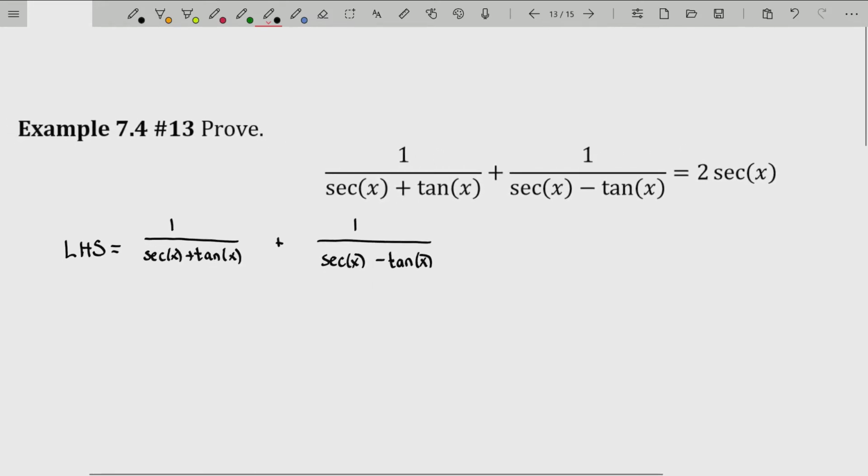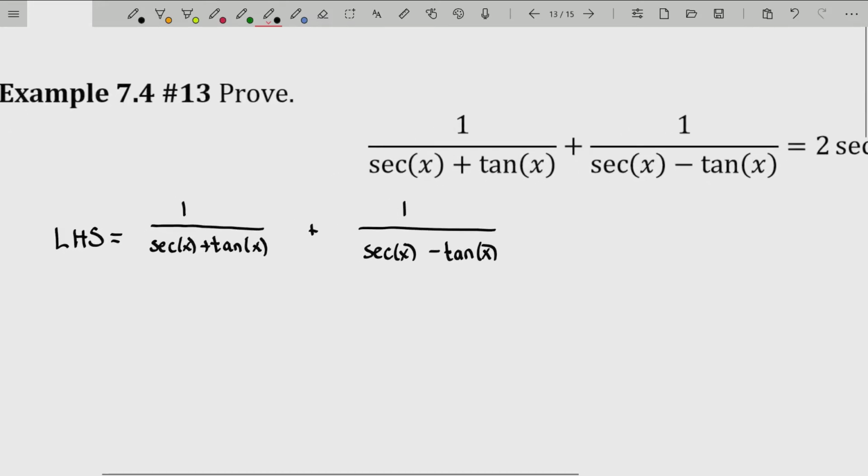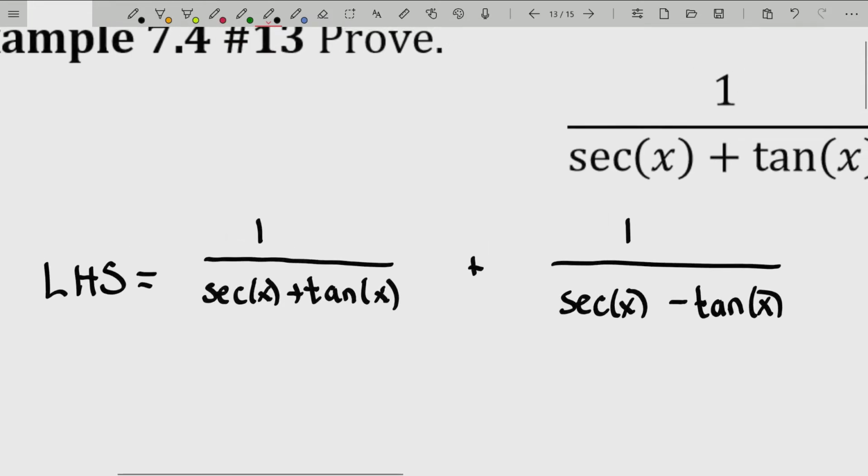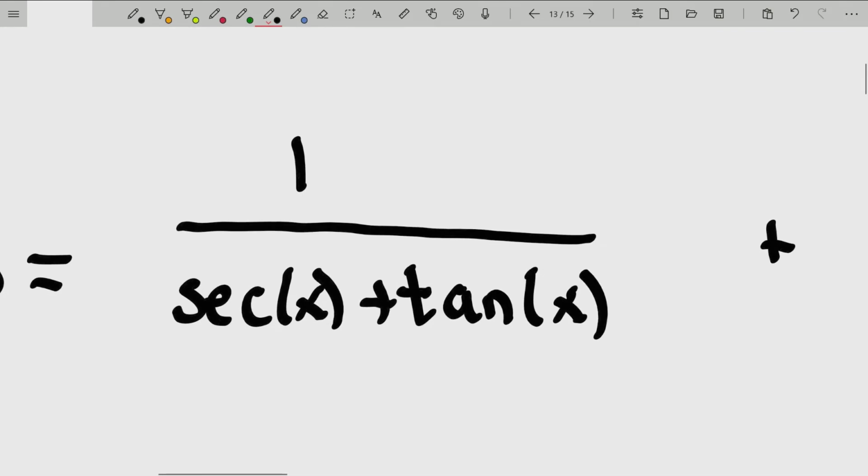Just double check that. Yep. And we want to get to a 2 secant. That's our goal. Well, these two fractions should be added up, so we need a common denominator. Now here's where this problem showcases a common tactic within proofs. If you have a fraction and in the denominator you have some type of sum that involves trig functions, you would multiply both numerator and denominator by the conjugate.